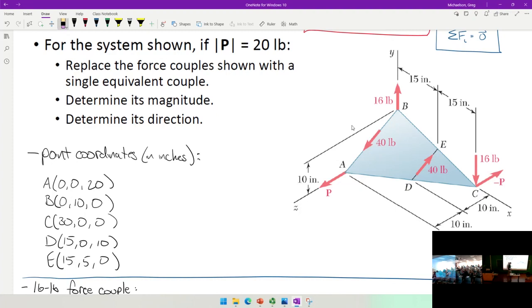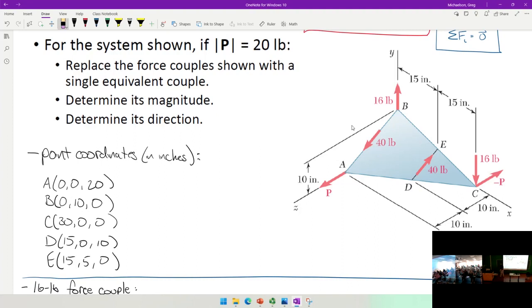Because the rotation goes like this, and if our fingers rotate in the direction of that moment, our thumb points up, aligned with the positive y-axis. So do we generate positive rotation? Yes. Finally, what is the moment arm? What is the distance from this to this? Say again? 30 inches, exactly right.